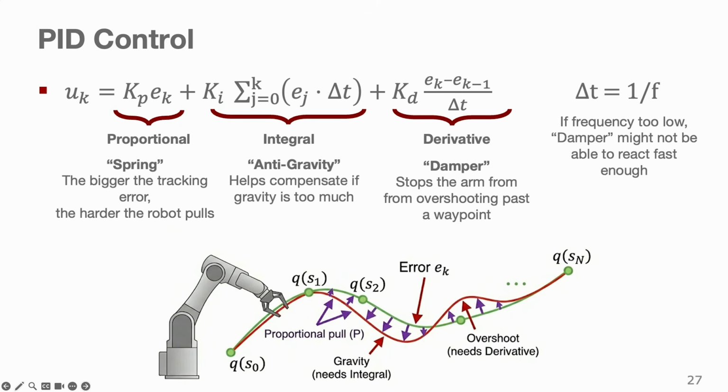So the further off you are, the harder it will pull you towards the correct trajectory. Then you have the integral part, which will compensate for things like gravity. If your robot is very heavy and it's going down, it will kick in and pull you back up. And if you overshoot, then the derivative will help you dampen this and go back.